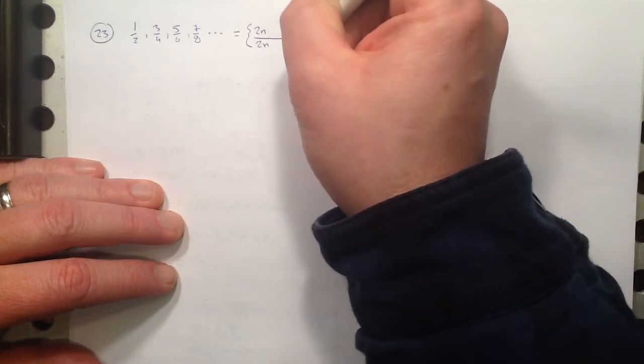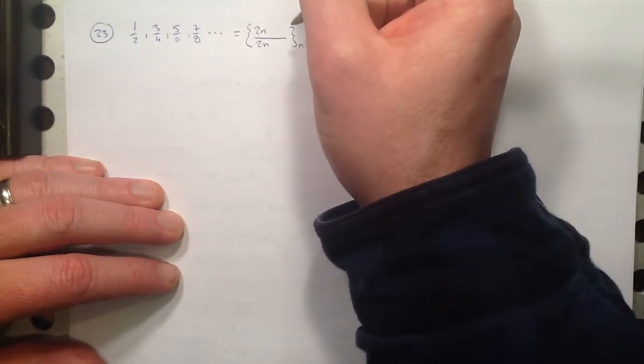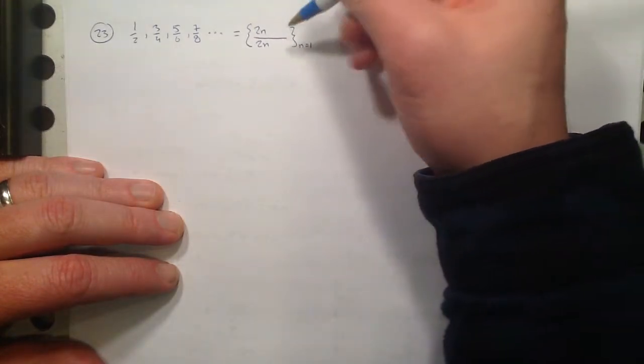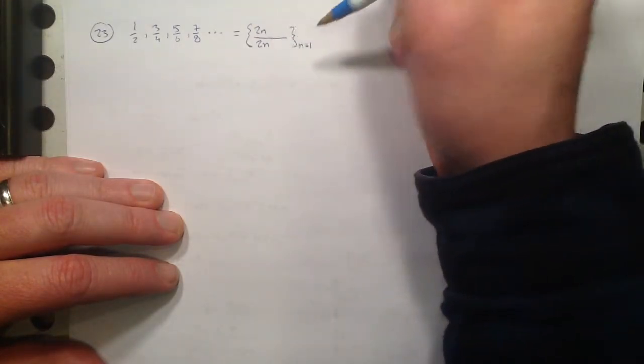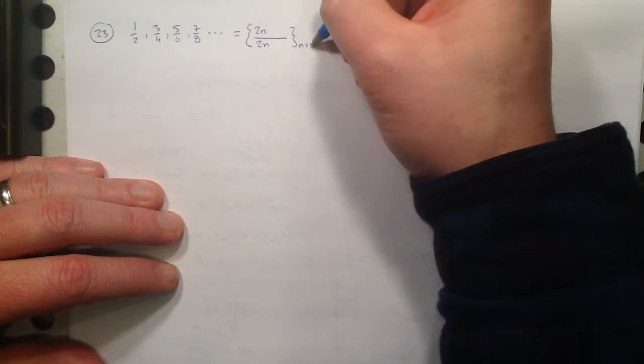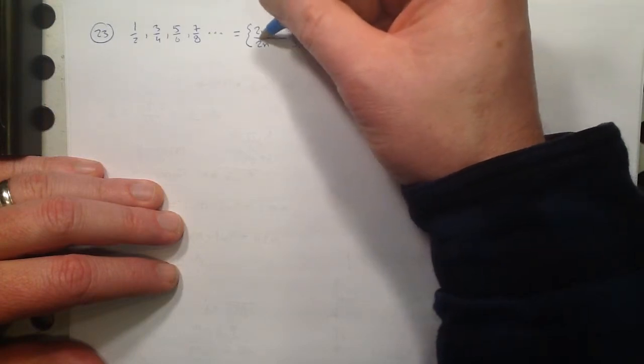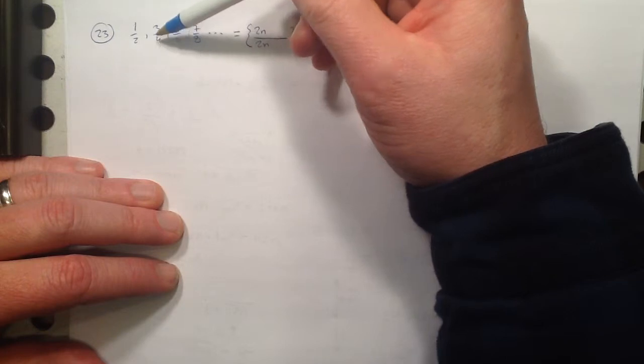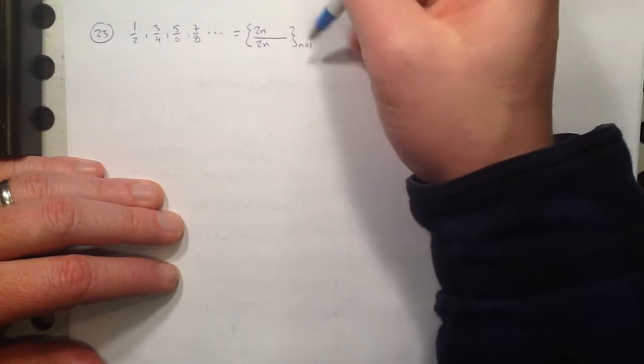And then if I'm going to start at n equals 1, which they asked us to do, then the way you figure this number out, I think the easiest thing to do is just plug in the first number and see what it has to be. So if I plug in 1 in here, I get 2, which is in fact the correct number. So I don't need anything here. And you can try for n equals 2, 3, 4: 2 times 2, 2 times 3, 2 times 4, that's right.